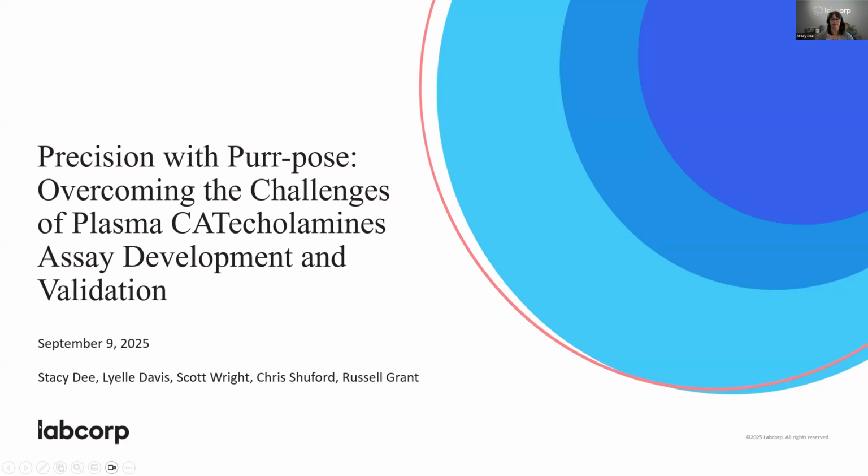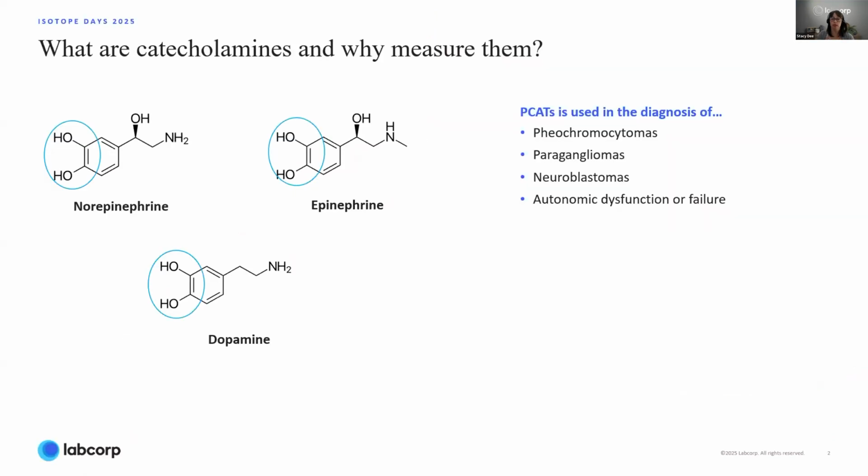All right. So today I'll be talking to you about overcoming some of the challenges of plasma catecholamines assay development and validation. So the first thing you may want to know is what are catecholamines and why should we measure those?